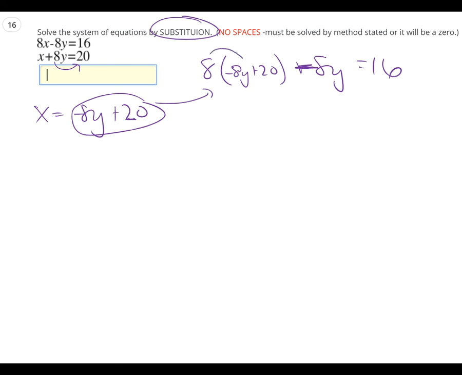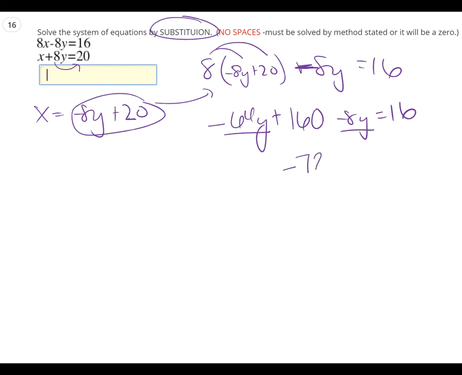What are we going to do with this 8? Distribute. So negative 4y plus 160 minus 8y equals 16. It's negative 64y and negative 8y. Negative 64 minus 8 is negative what? 72y.